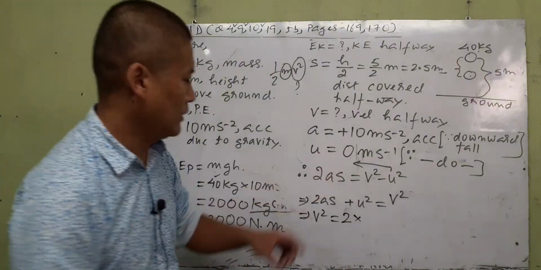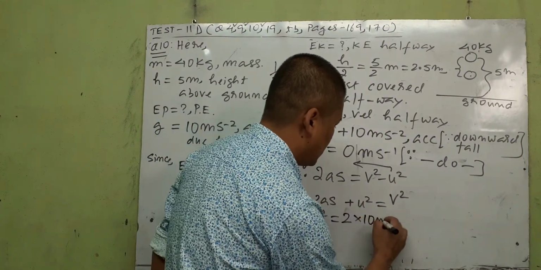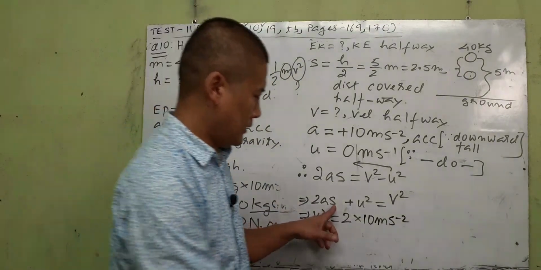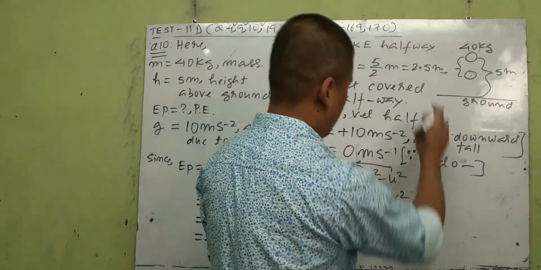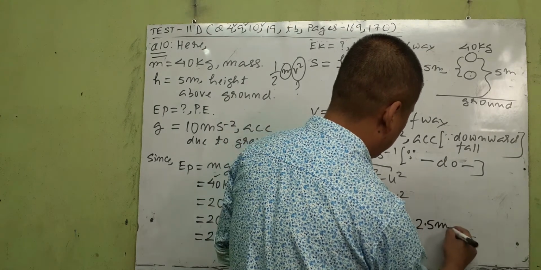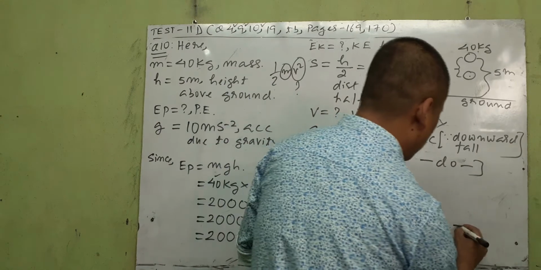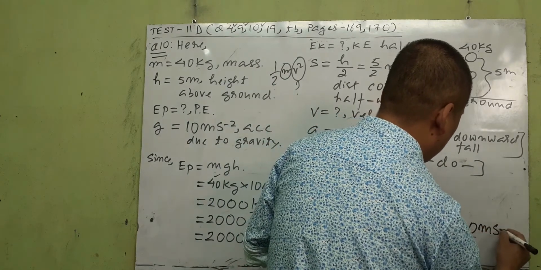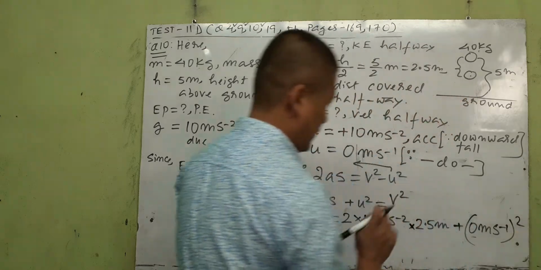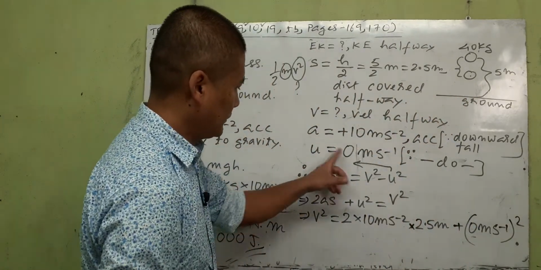A is just now here 10 meter per second square, right? And S is here, as you can see, into 2.5 meter. And plus u square, so plus 0 meter per second, whole thing square, because this is u square, sorry.